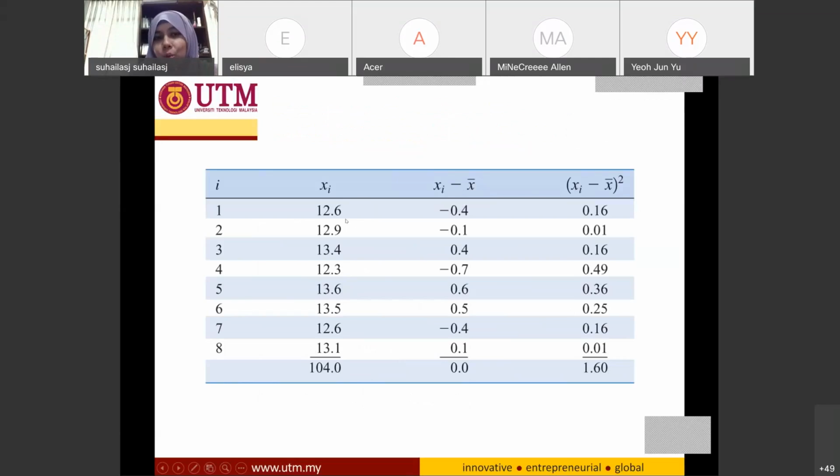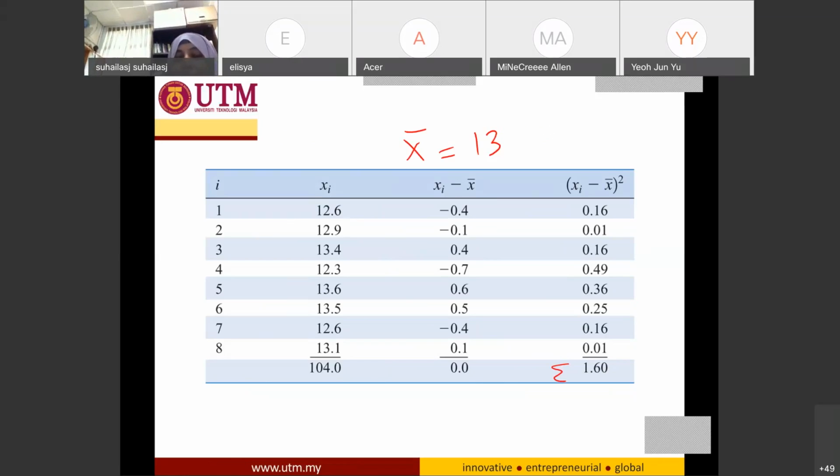So that means 12.6 minus 13. Your X bar just now is 13. So 12.6 minus 13, you have minus 0.4. 12.9 minus 13, minus 0.1. Okay, lepas tu square the value, square for each one. And then this one is your summation, which is 1.6.